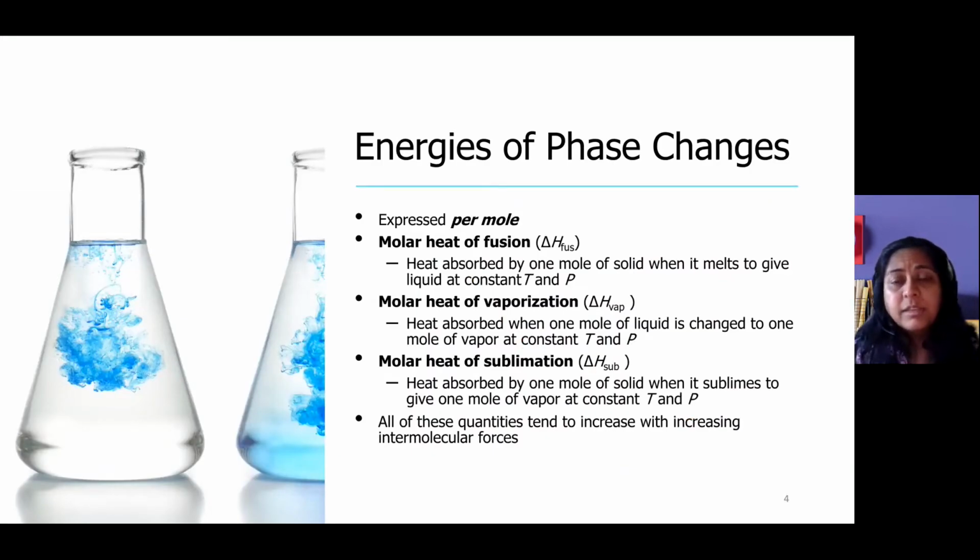These are the specific names that we use for those phase changes. The molar heat of fusion is the heat absorbed by 1 mole of solid when it melts to give liquid at constant temperature and pressure. Like that, molar heat of vaporization and molar heat of sublimation.